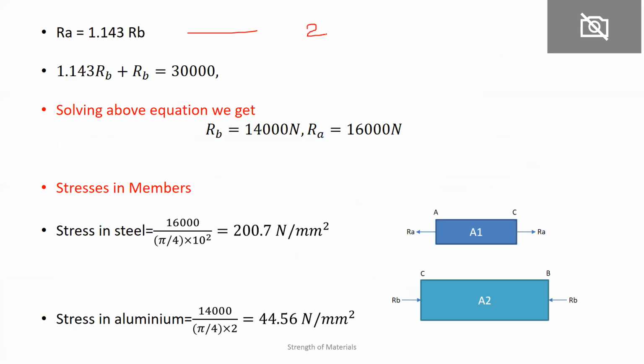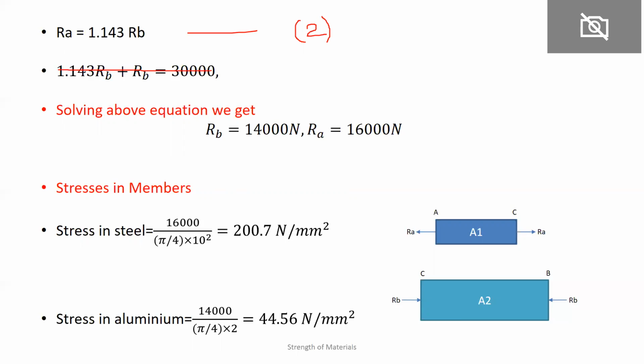One equation we obtained from the compatibility equation, and the first equation is obtained from the equilibrium equation. Now we have two equations, and these two equations are solved simultaneously.